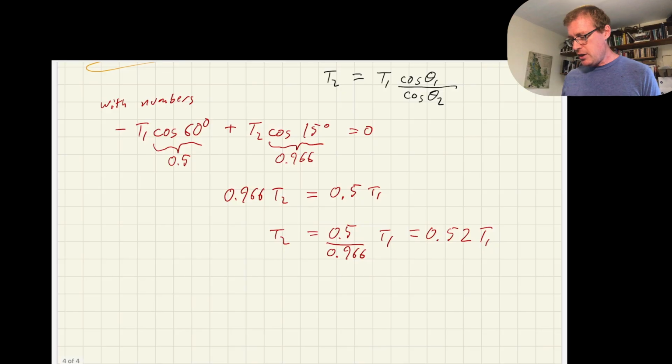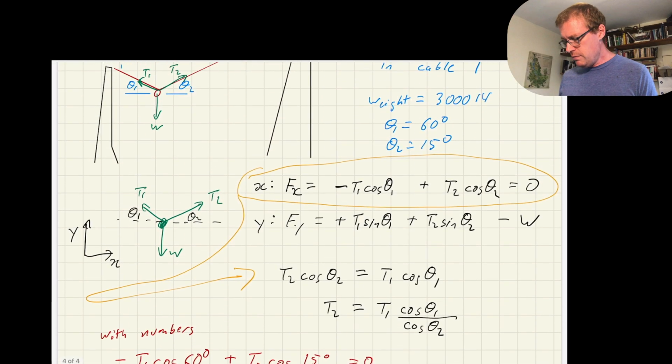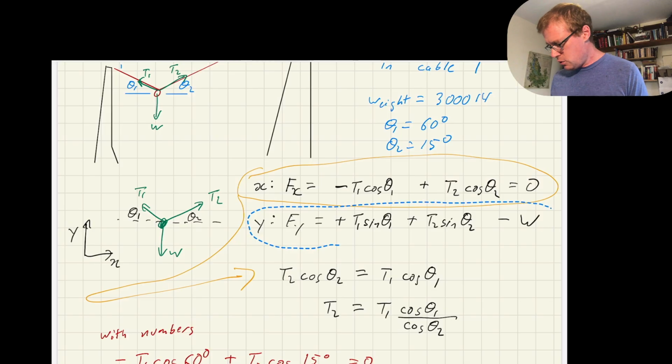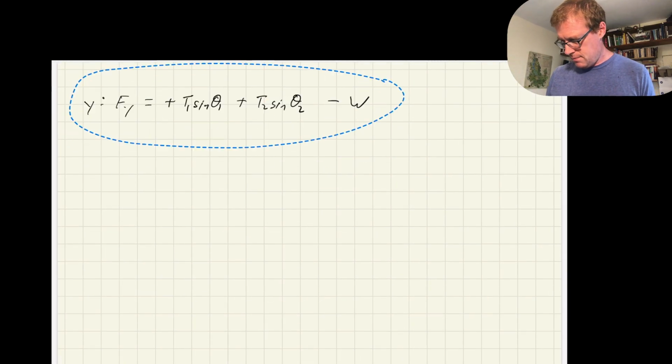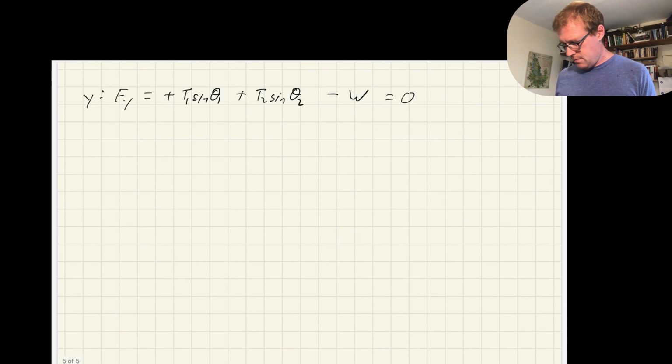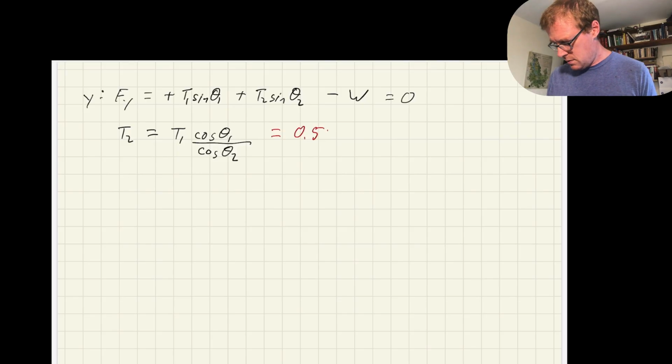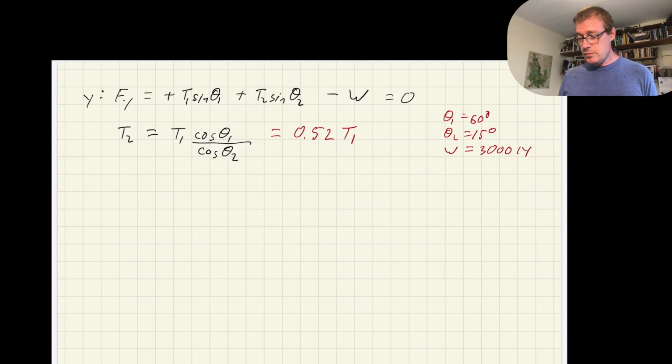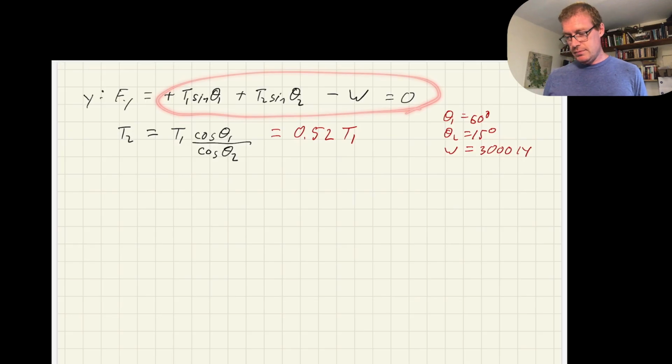Okay, so the next step is we look at the y equation. I'm just going to copy this equation. Okay, and now I'm going to substitute this expression into this equation.